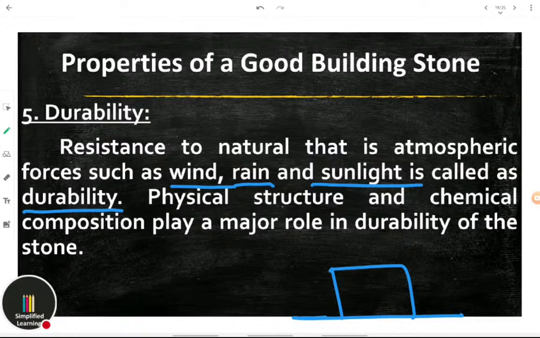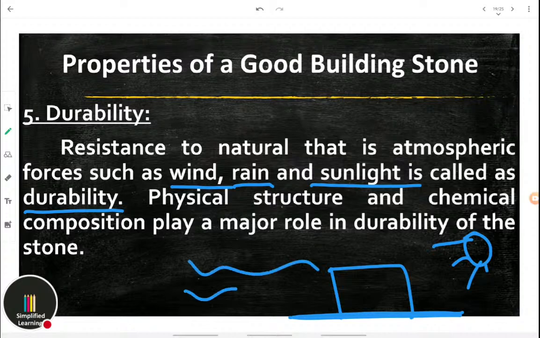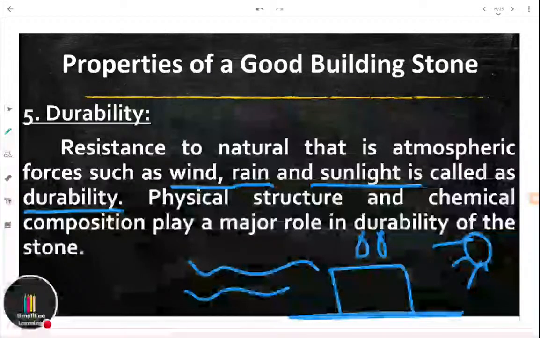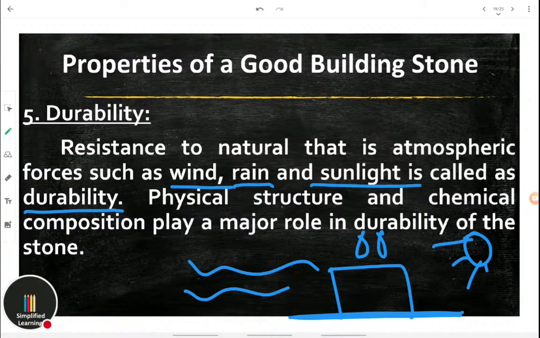The action of sunlight, then wind, then water will cause the stone to wear and tear, and it is going to lose its particles by the force of disintegration.